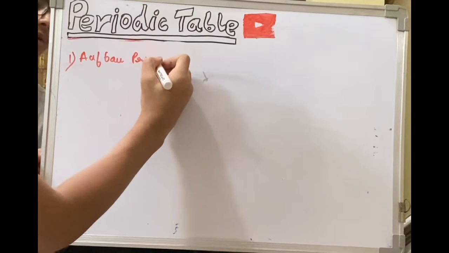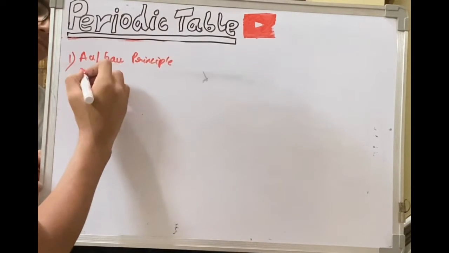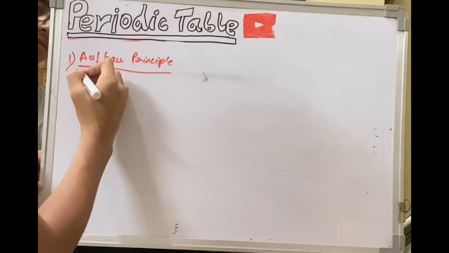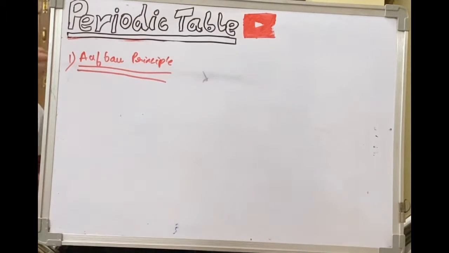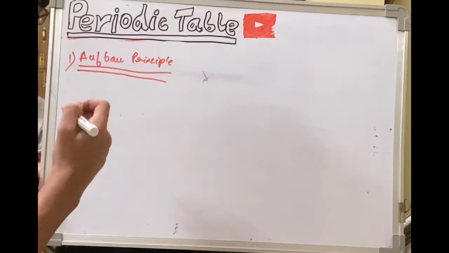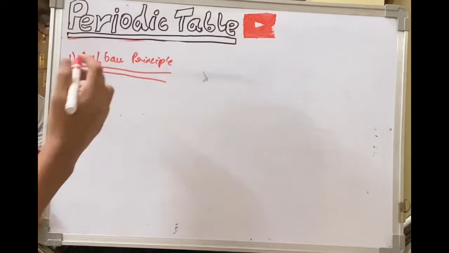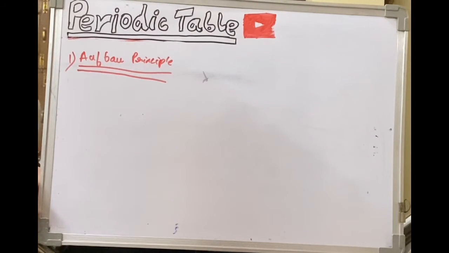This is the most important one, you can say. This is the principle based on which we do the electronic configuration of different elements. So you just write the definition till then. No, don't write the definition. Instead, just learn how it is. You can do the definition from the textbook as well.